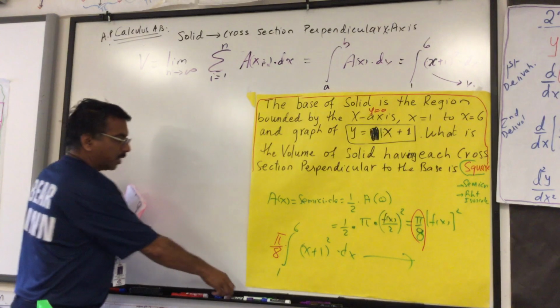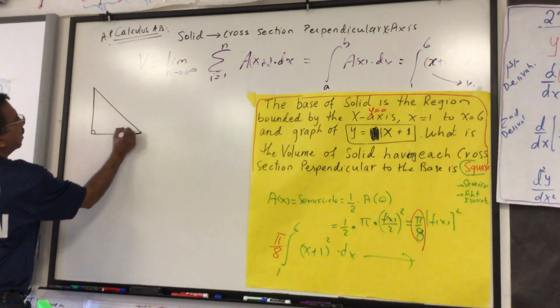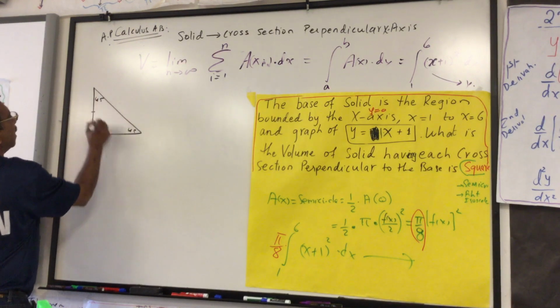Let's take a quick 45-45-90 right triangle.